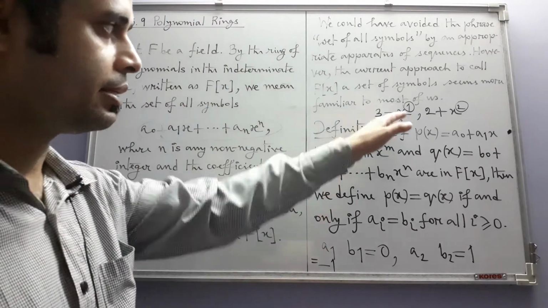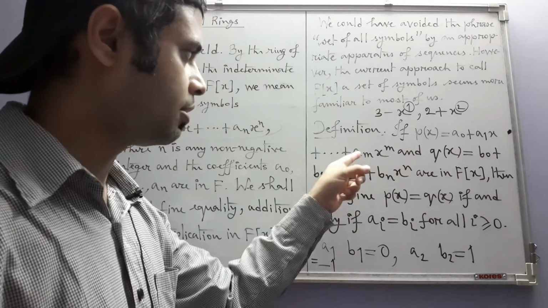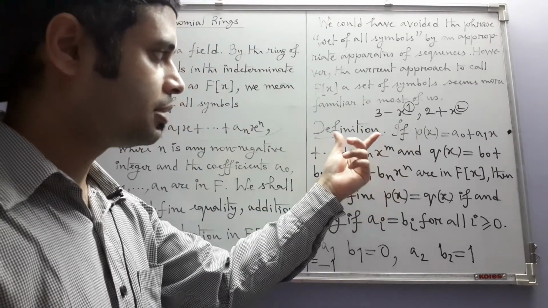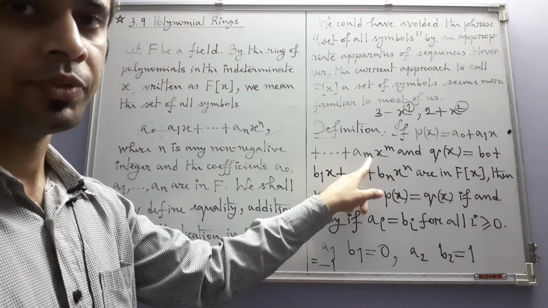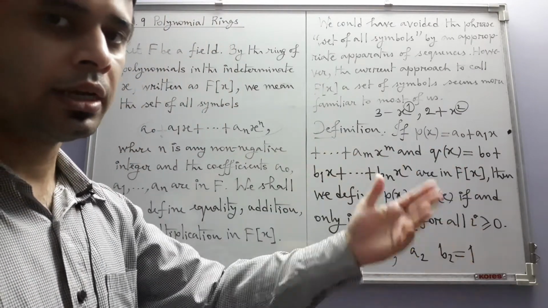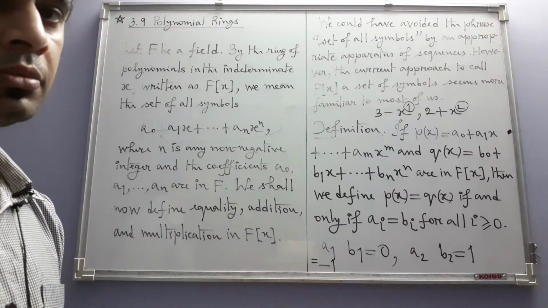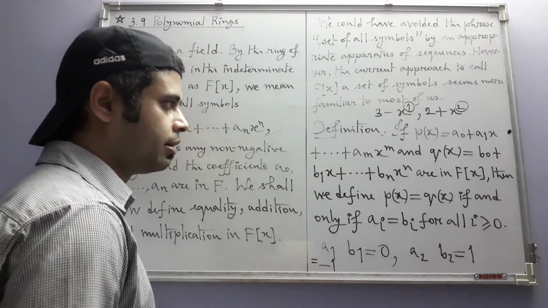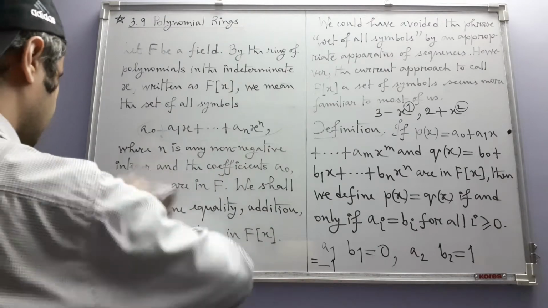You would say that there is no a2 according to this notation, because since m is 1, the polynomial stops here. We have from a0 to am. We don't have am plus 1, am plus 2, etc. But actually we have. That's a point that is to be understood here. Actually we have, and we have in this sense.